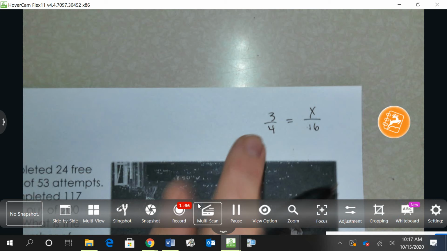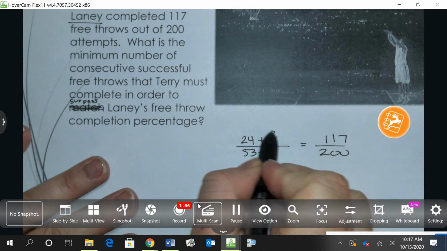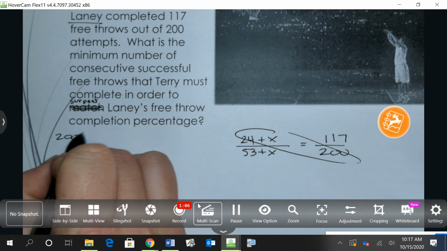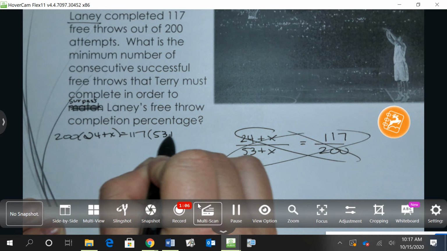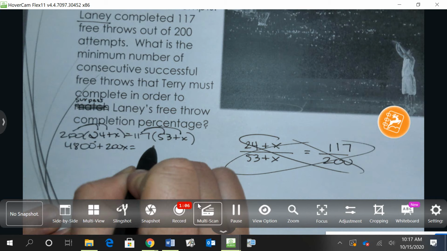If I asked you to solve, you in 200 times this quantity, times this quantity, 100 plus 200 plus 117x.